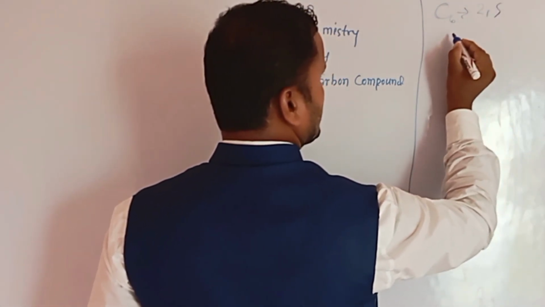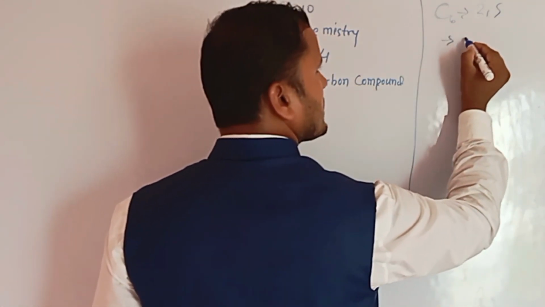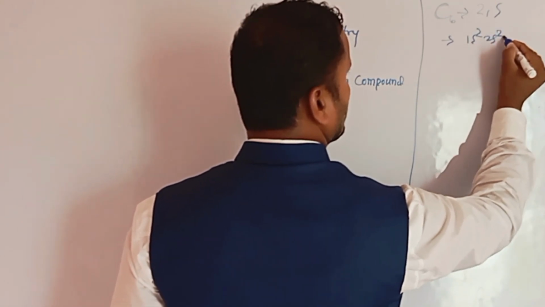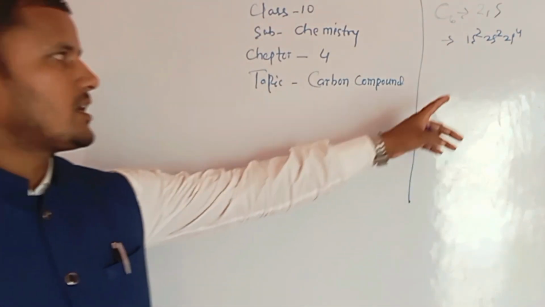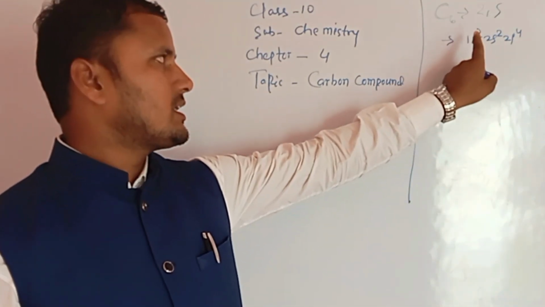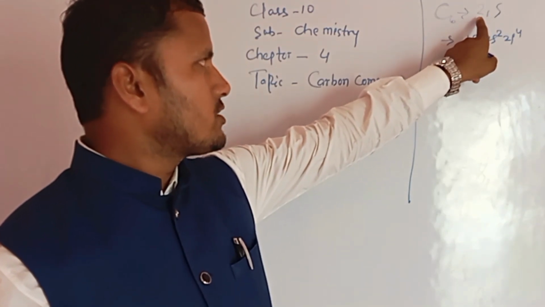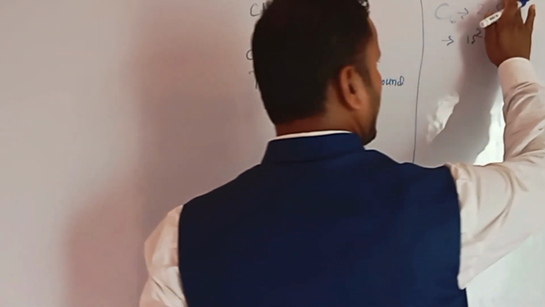The electronic configuration of carbon 6 is 1s2, 2s2, 2p2. Understand? Orbit wise, in first orbit 2 electrons, in last orbit 4 electrons.